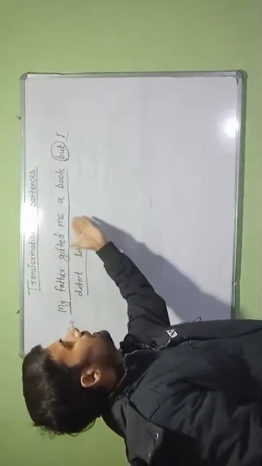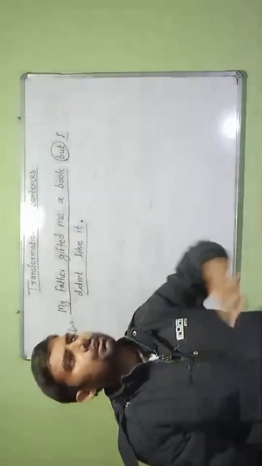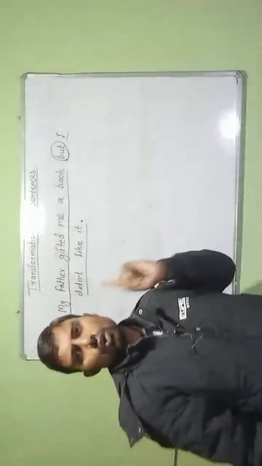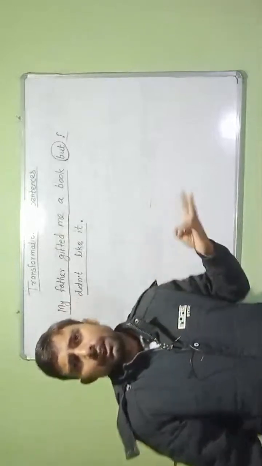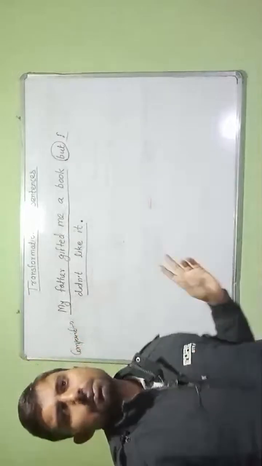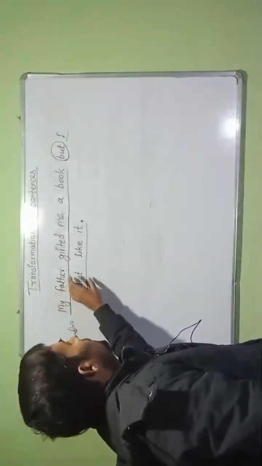There you can see 2 clauses are there, and to qualify the sentence as a simple sentence, there should only be 1 clause. 2 clauses should not be there. If there are 2 clauses, then that will remain a compound sentence. So which of the clauses do you want to remove? Let's see. First decide that.